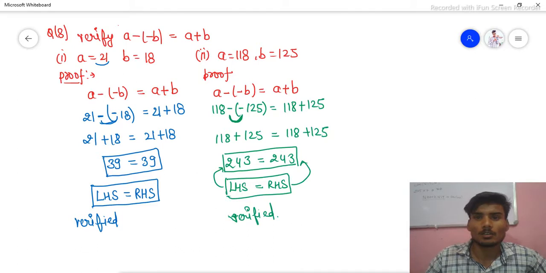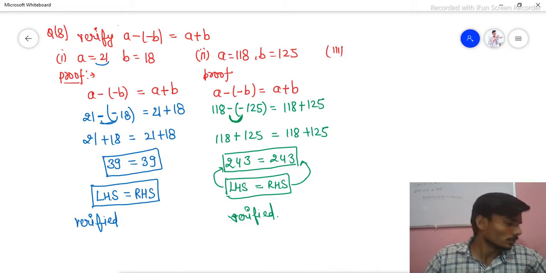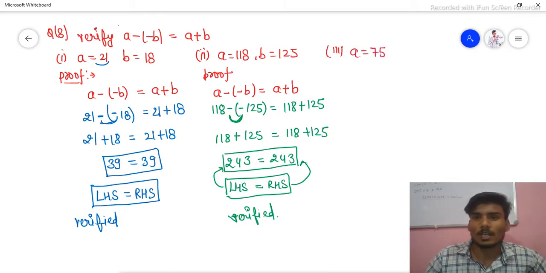Okay, now we need to do question number 3. Question number 3 is the value of a equals 75 and the value of b equals 84. So for the proof, we need to prove a minus b equals a plus b.